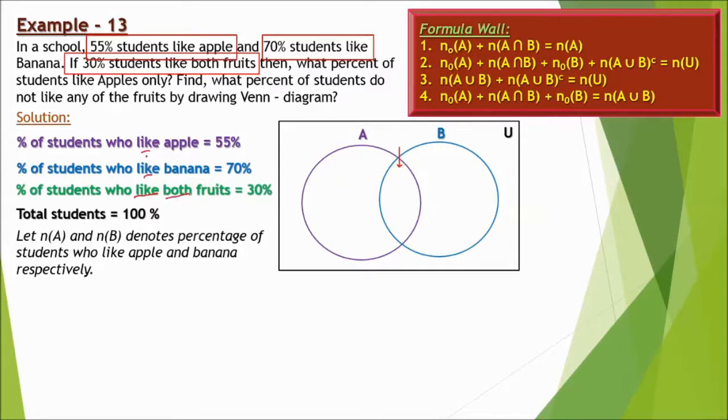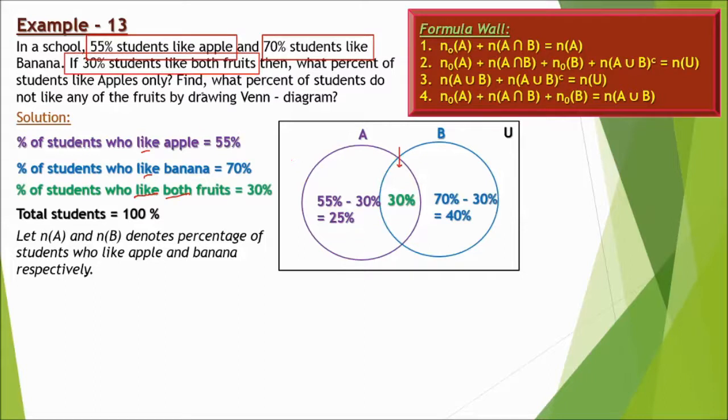So it is the intersection, 30%. Now the entire A ring is 55, but we have to subtract it, so it will be 25%. And the entire B ring is 70%, so we have to subtract 70 minus 30%, that is 40%.